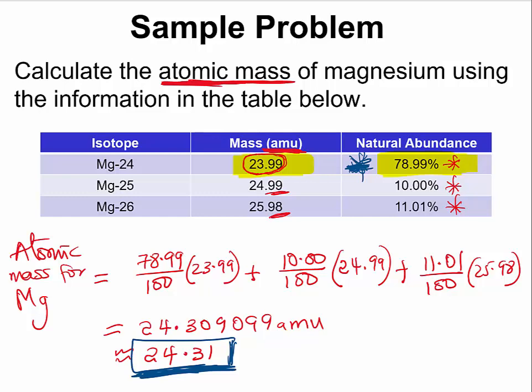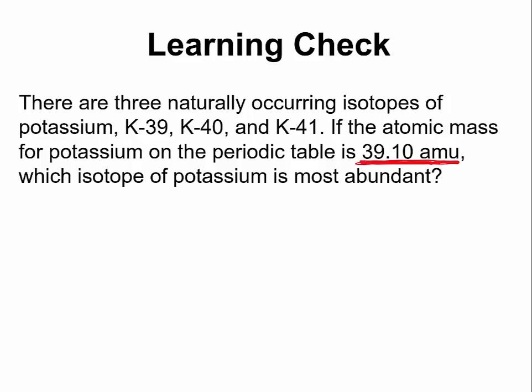So, if we come back to this question that is asking us which isotope is the most abundant, that would be the one that has its mass number closest to the atomic mass, and that would be potassium 39.